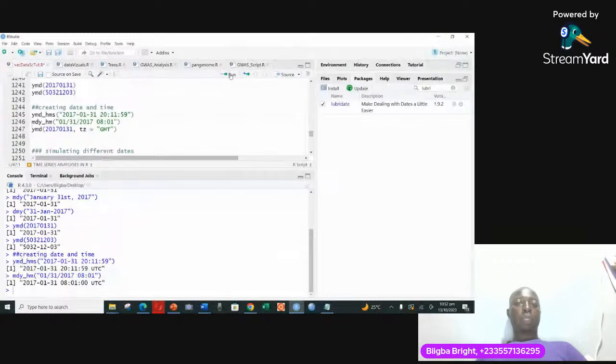Supposing I was going to work with, let's say, cancer data. I want to measure the growth of cancer cells over time. The data has been given to me already, measured at different time differences over different days. So you may want to analyze the data on a daily basis.